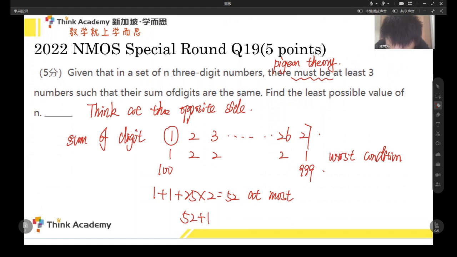So now it's 53. Here, "guarantee" - I forgot how to spell guarantee, so maybe "to be sure". Yeah, this is a typical question about the pigeonhole theory, and it's basic, but it has some traps in it.